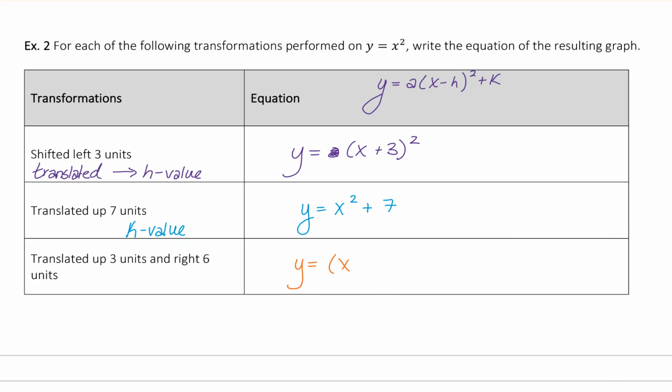And it's right 6 units, so it's going to be the opposite of that inside, which would be negative 6, and then it's up 3 units. Okay, so this 6 is h, and this would be k, and those would be our corresponding equations for these questions here. Review that, and if you're ready, move on to the next section.